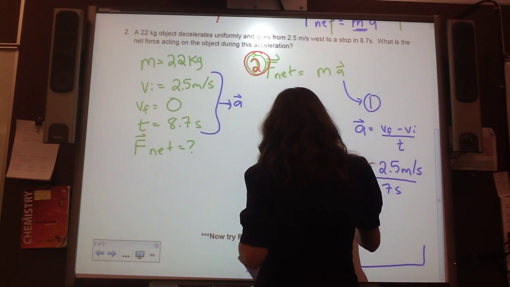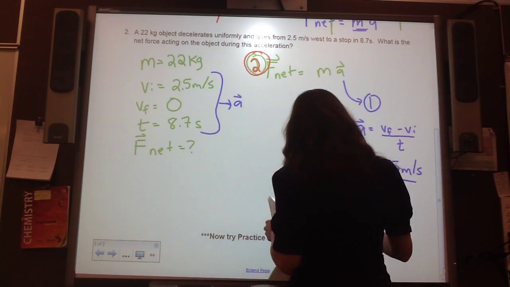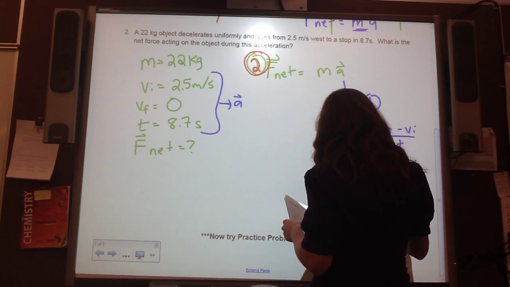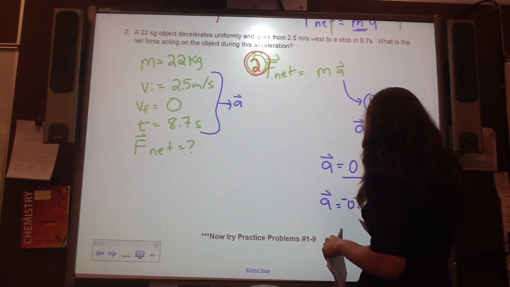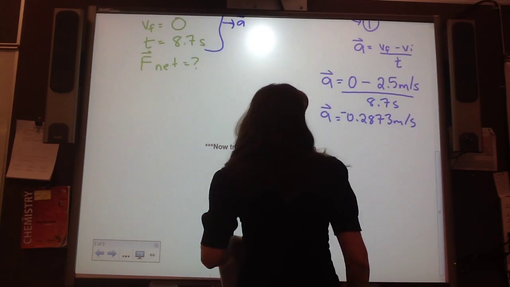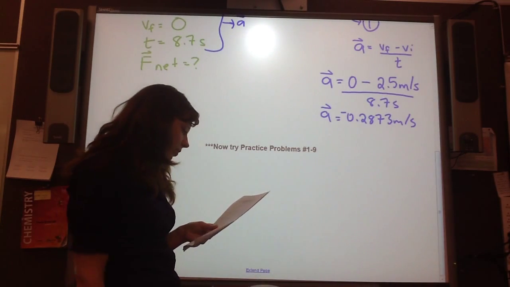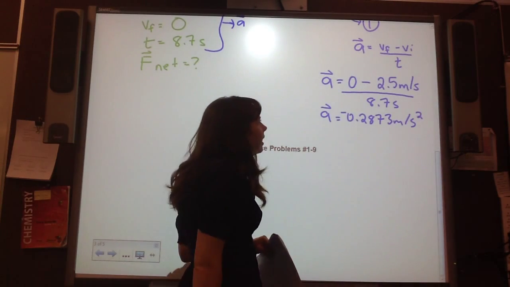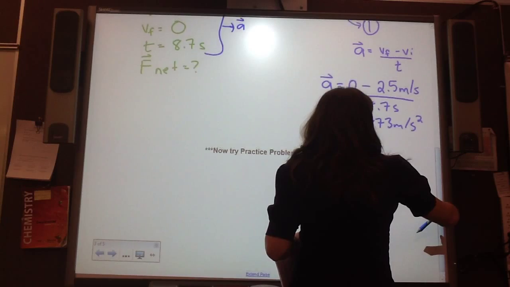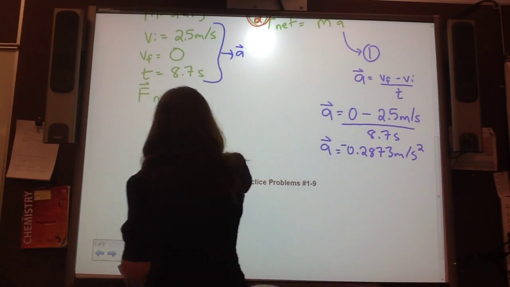So our a then is negative 0.2873 meters per second. Oh, and it's squared. Goodness sakes. Okay, so now we can do step number 2.